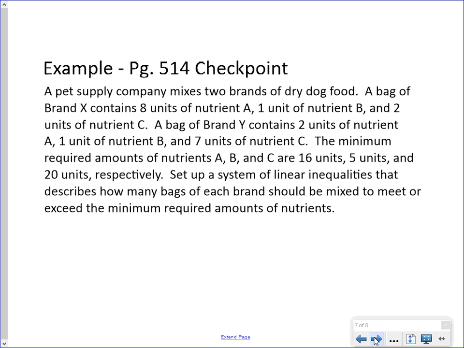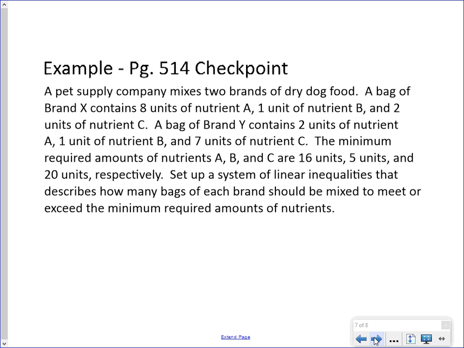Now, if you have your textbook with you, you could certainly open up to page 514 and read the checkpoint problem. It's the same problem, and read it in the book instead of on the screen. But what I want you to do here is, we're not going to necessarily graph this one today, but I want you to think about, could you set up the system of inequalities? So it's a lot like what we did in the warm-up, setting up the system of equations, but this time you're going to have inequalities.